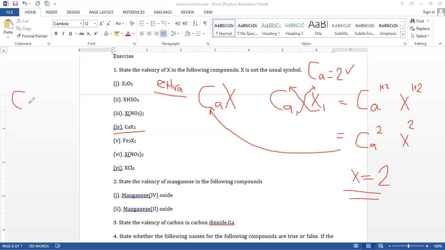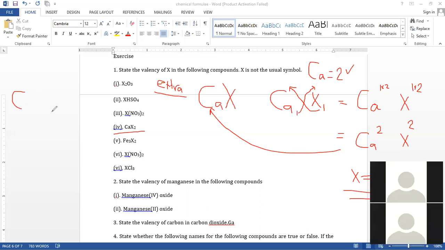It is CA X2. In this case, it means that the subscript for calcium is 1 and the subscript for X is 2.